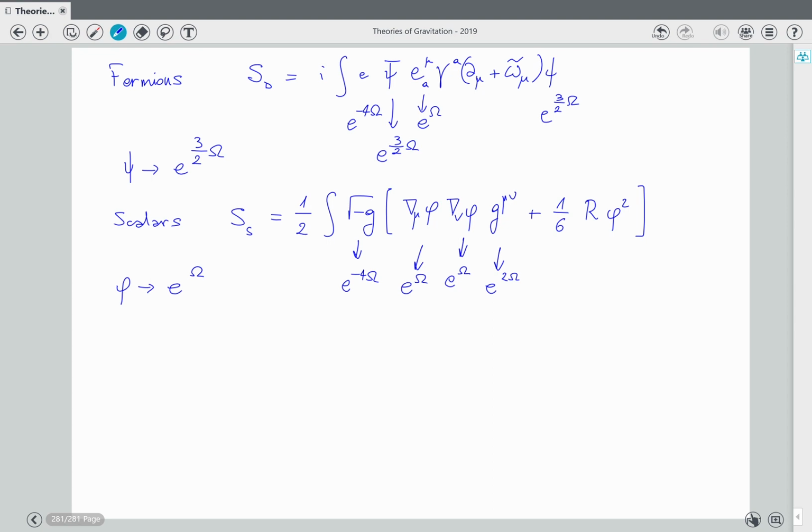Globally, this works, and you can check that indeed globally R takes the same factor e to the 2 omega. But what about locally?